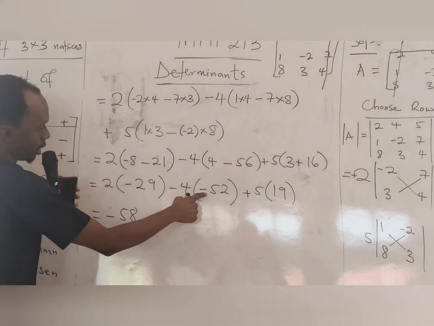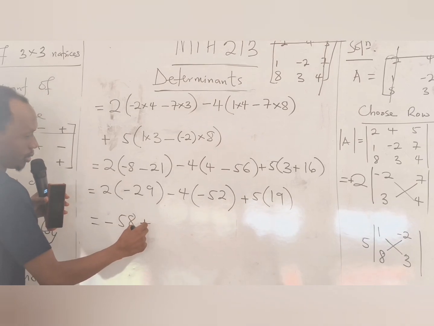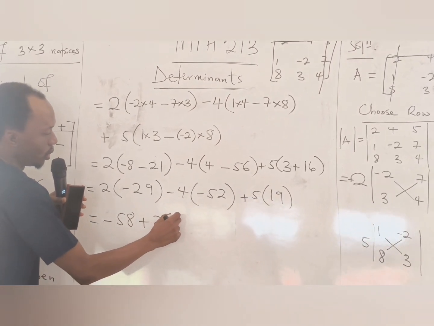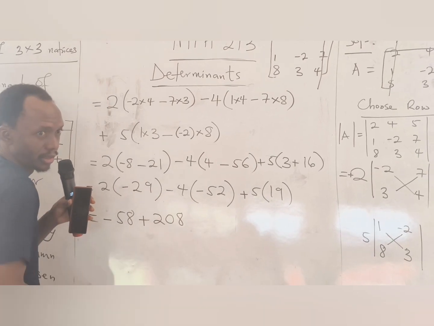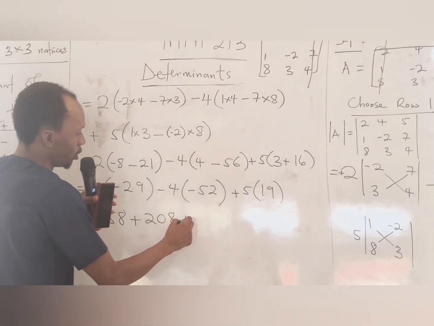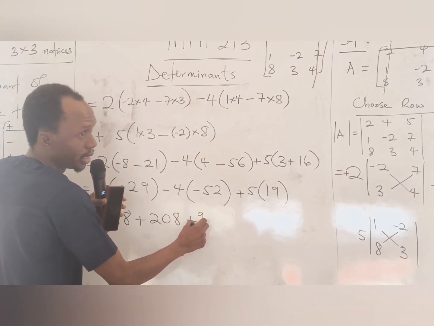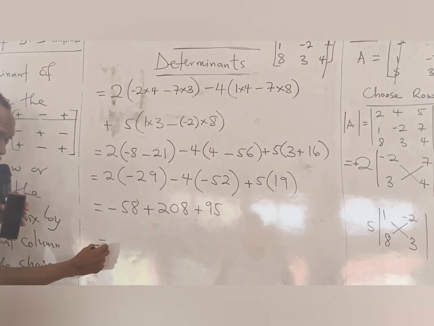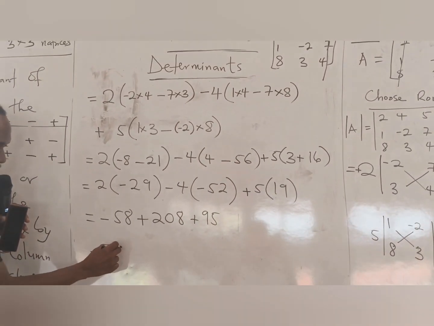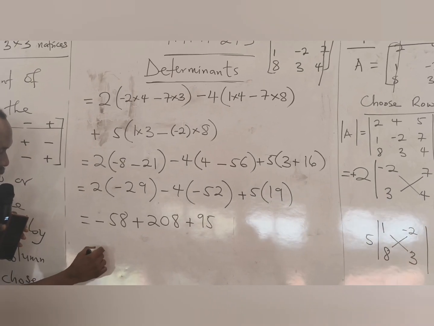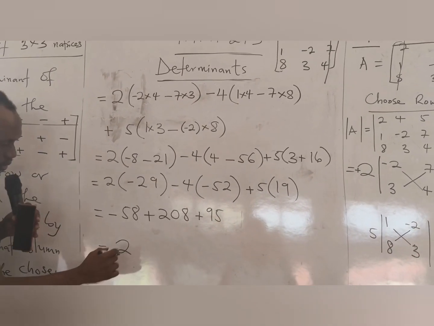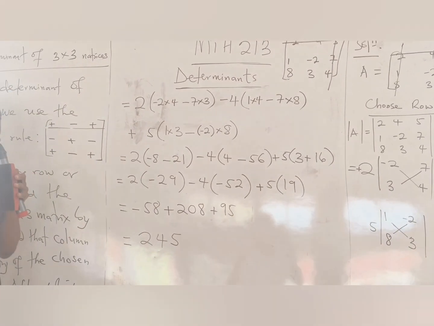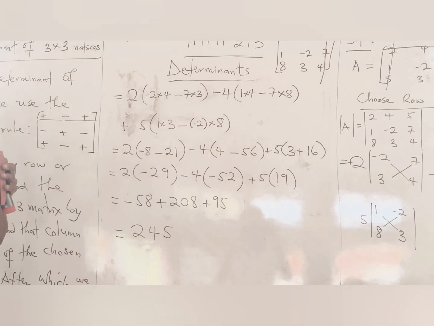Here, negative becomes positive 208. Okay. Plus 95. And what is our final answer? 1,224-5? That's right. Yes, sir. Okay. Now copy. Any question?